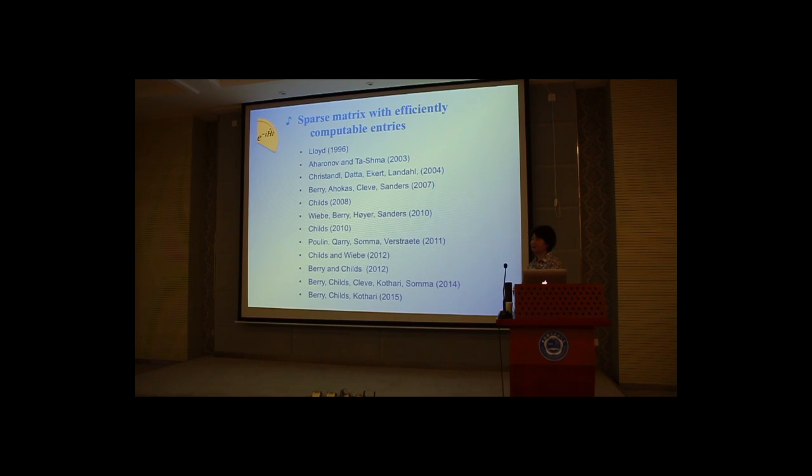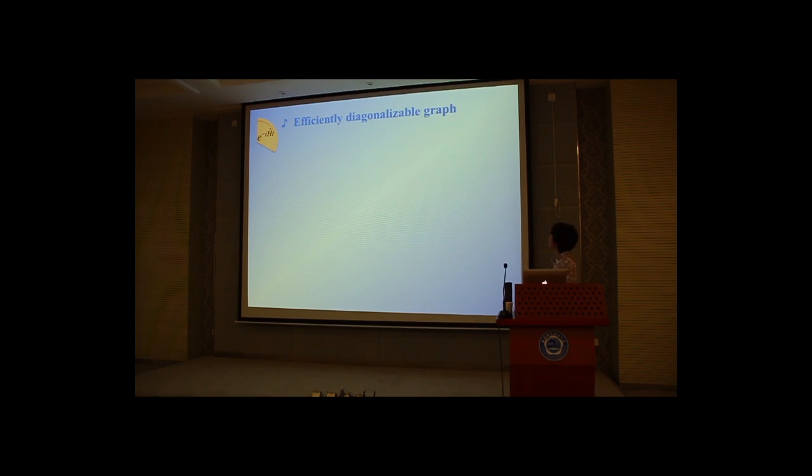So what we looked at from a different angle, we said, okay, what about dense matrices? And again, we have to identify certain structure. A general dense unitary, you can't do it. You can do it inefficiently, but not efficiently. So the kind of graphs we looked at are the efficiently diagonalizable.